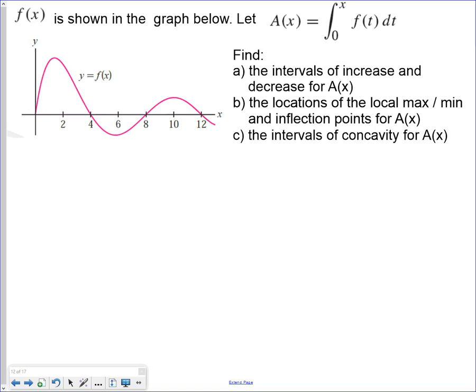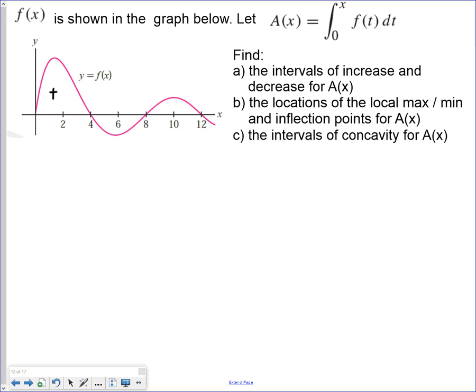So intervals of increase and decrease, we really just want to interpret this as an area accumulation function. So if we start at 0 and we start moving our value of x towards the right here, we start by, in this region here, accumulating positive area.